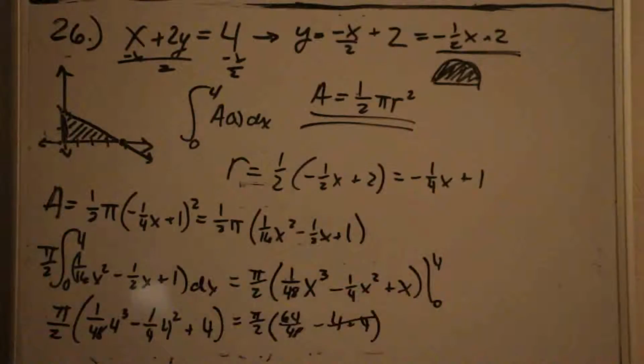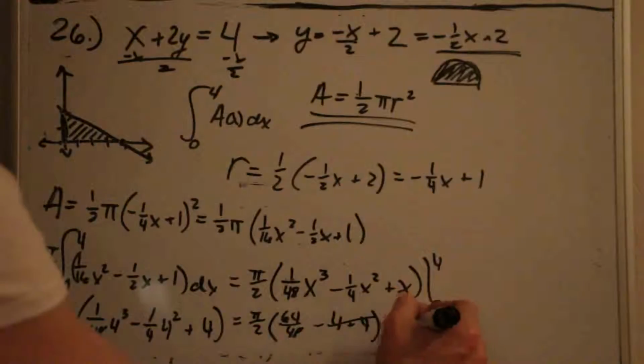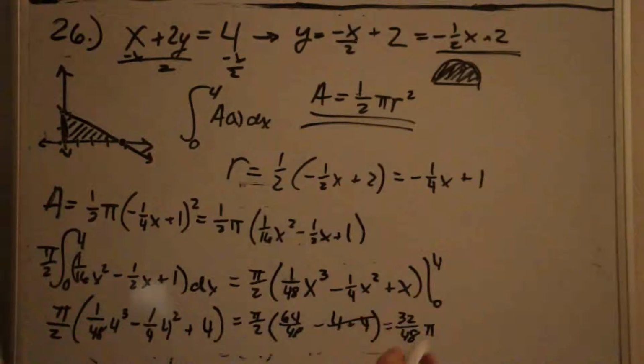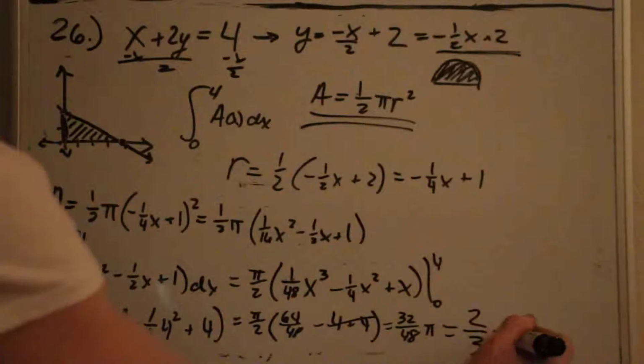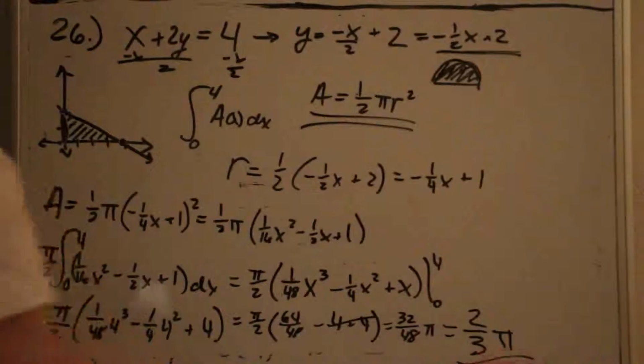Thank goodness those 4s cancel out, leaving 64 over 48, and then over 2. 64 divided by 2 is 32, so it's 32 over 48 pi. Simplifying, I can divide both by 16. This becomes 2/3 pi, which is our answer.